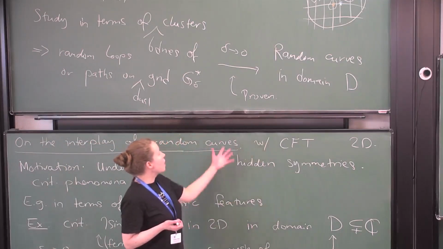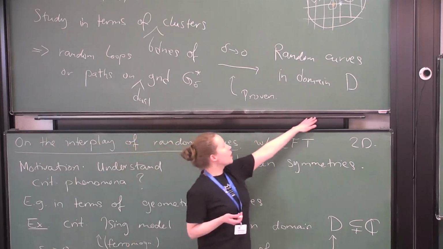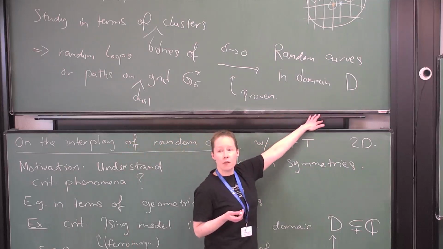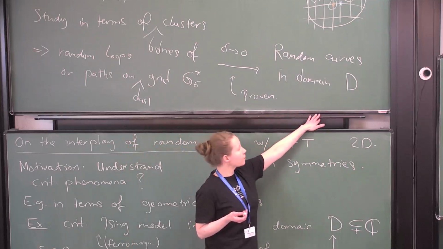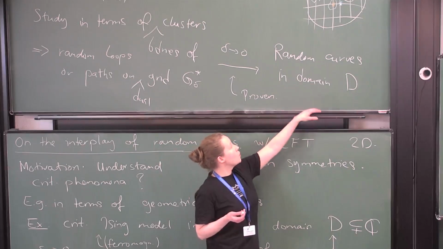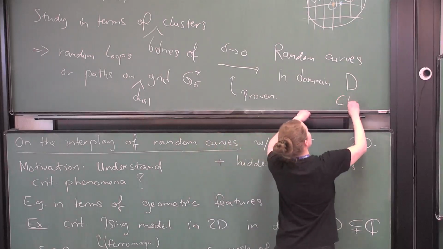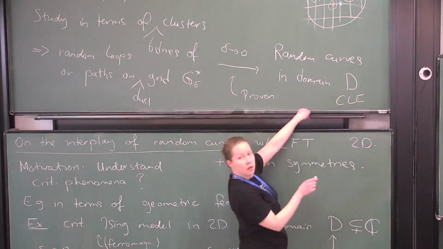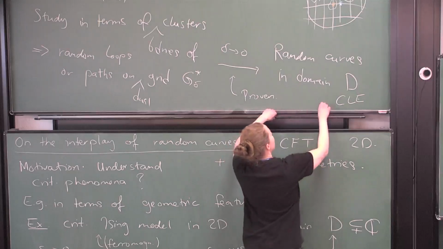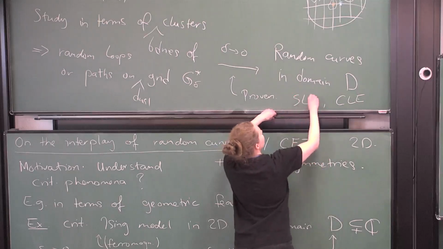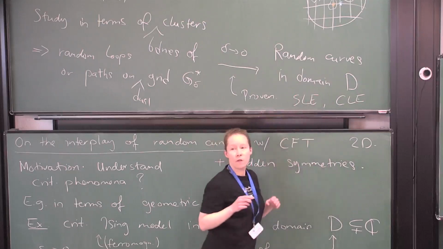So you could try to ask, what kind of objects can there be describing this limit? And if you already know a bit, for these loops, you get the so-called CLE, conformal loop ensemble type curves. And for paths, you get so-called SLE, which is Schramm-Loewner evolution.